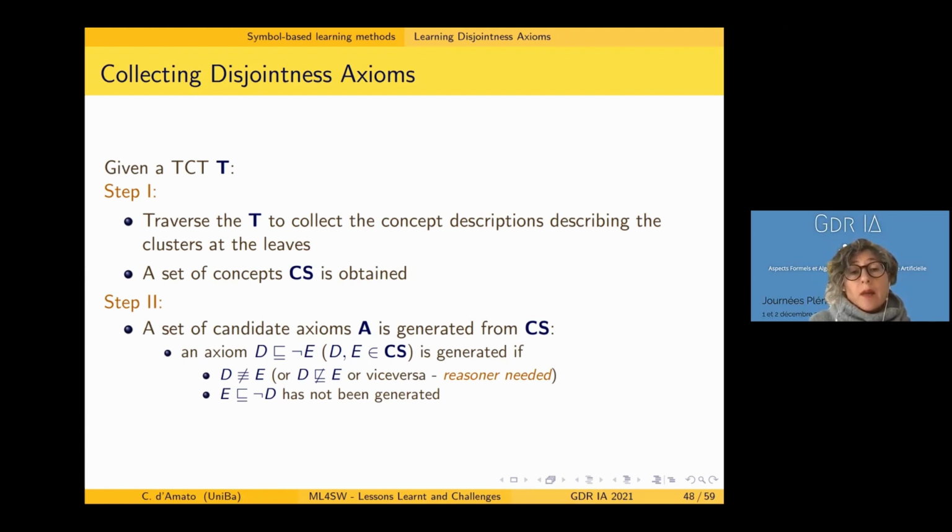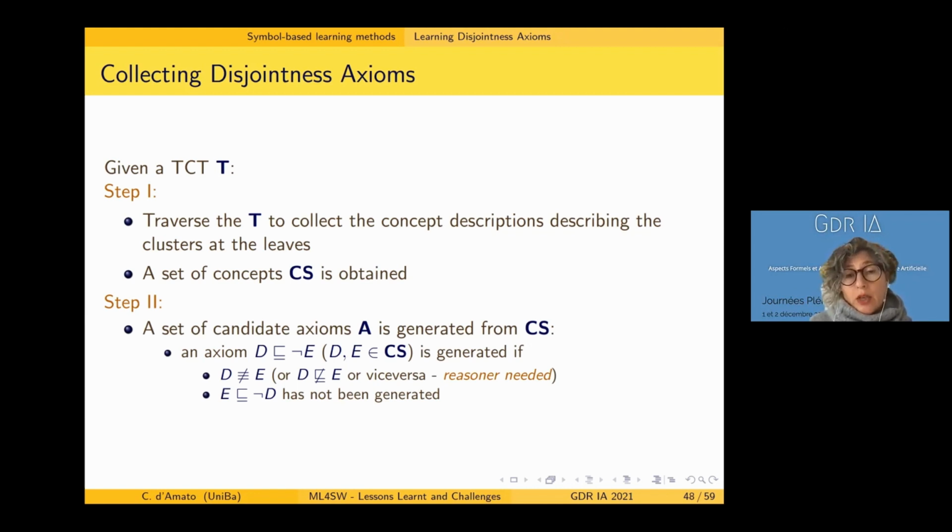In the second step, given the concept set, we pick randomly two concept descriptions, and if they are neither equivalent nor does one subsume the other, then we can generate the disjointness axiom between these two concept descriptions, let's say D and E, provided that this disjointness axiom has not been already generated.